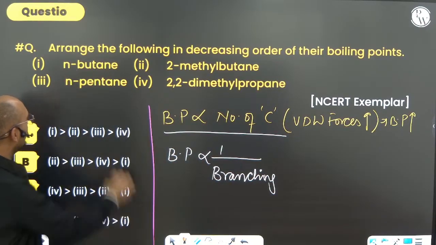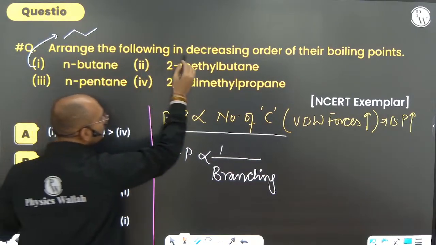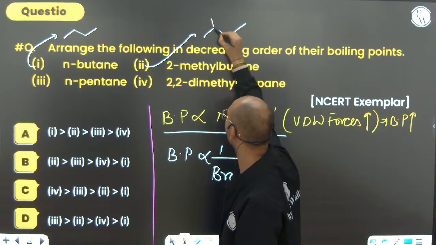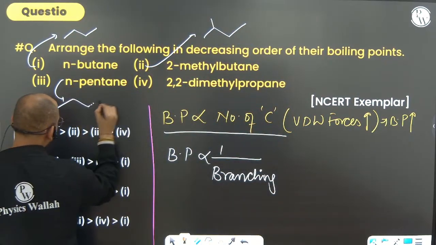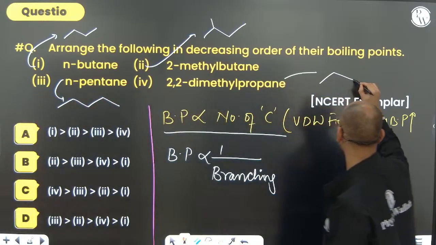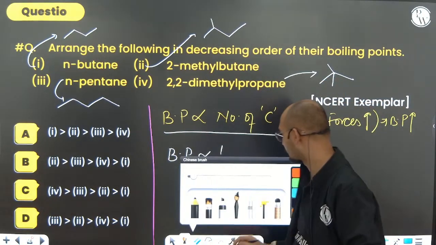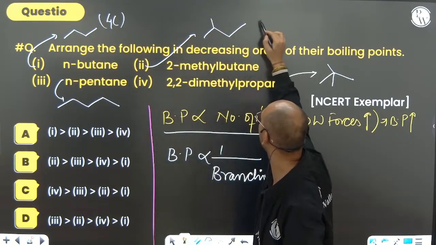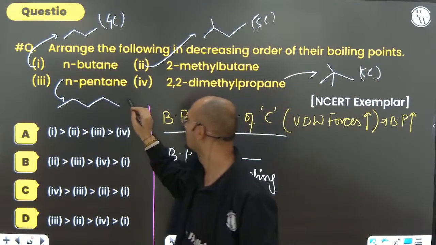What about n-butane? N-butane has how many carbons? 1, 2, 3, 4. 2-methyl-butane means 1, 2, 3, 4, and there will be a methyl at the second position. N-pentane is 1, 2, 3, 4, 5. What about 2,2-dimethyl propane? 1, 2, 3, and 2,2-dimethyl propane. चलो देखो जरा, how many carbons are there? Here are 4 carbons. Here are 5 carbons. Here are 5 carbons.